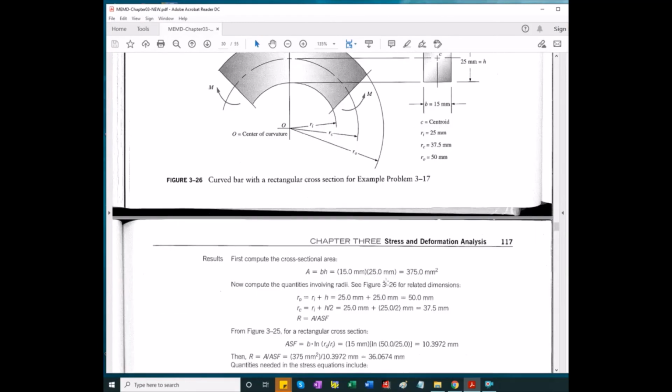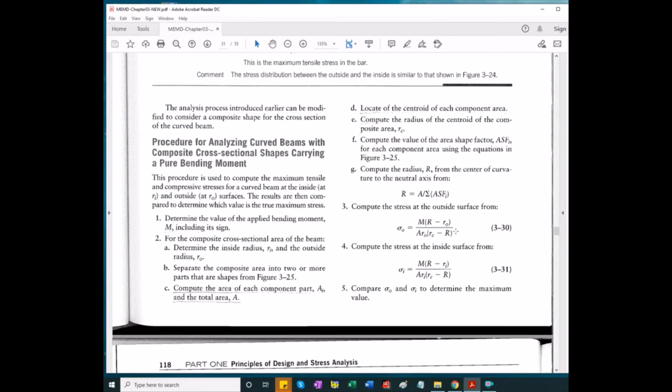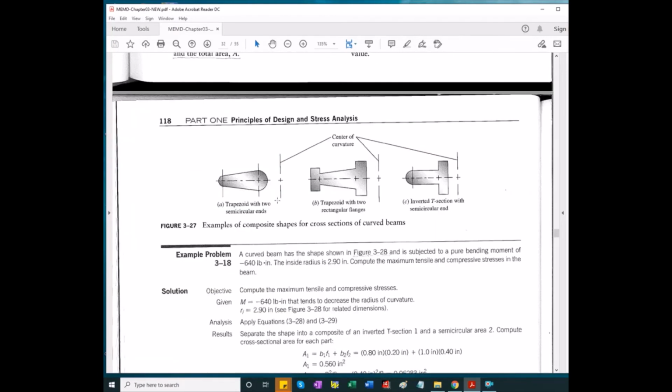Then the book explains how we deal with it. The equations are the same to calculate the stress at the outside or the inside. What is different is the radius to the neutral axis, and you divide the total area by the sum of the area shape factors of the individual component simple shapes. So yeah, a trapezoid that is filleted, or a trapezoid with two rectangles.